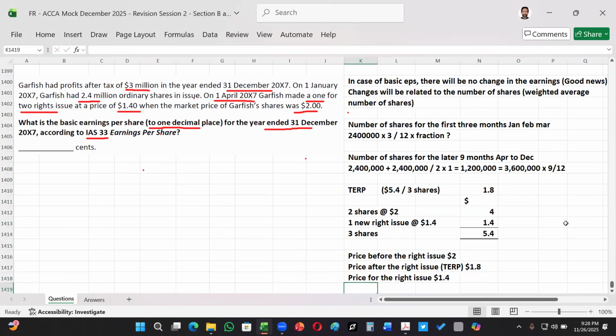So I have written all 3 prices. We are going to use the price before the right issue and the price after the right issue for this fraction. So now we are all set.